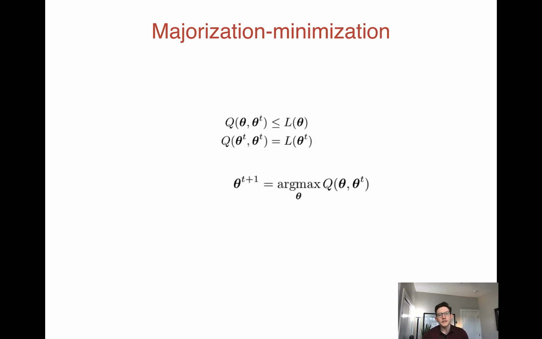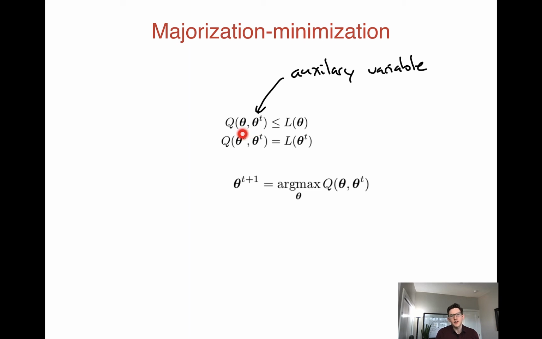So we're going to define this function q that has the following properties. It's going to have two properties, and q is defined in a way where we define this auxiliary variable. q is a function of two values that we might call theta 1 and theta 2.